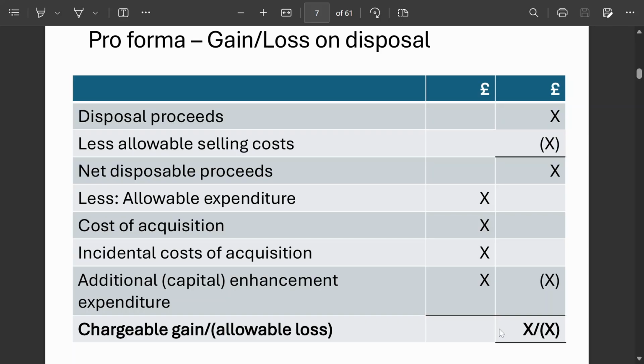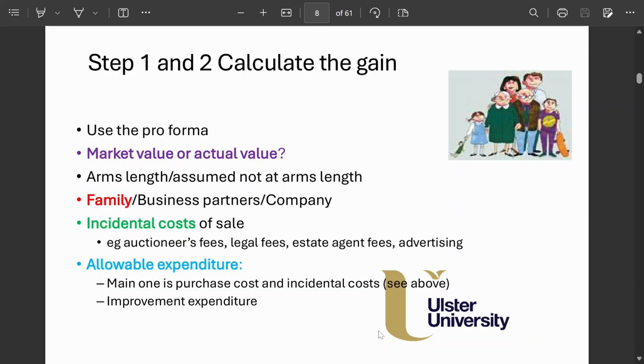So for each of those assets which are being sold, you should make a box and do the calculation for that asset in that box, and then take the chargeable gain or loss for each asset and add it up, A plus B plus C, etc. And that will give you your total chargeable gain. From there you'll deduct the annual exemption first, and then you'll see which rate has to be applied, 18 or 24.